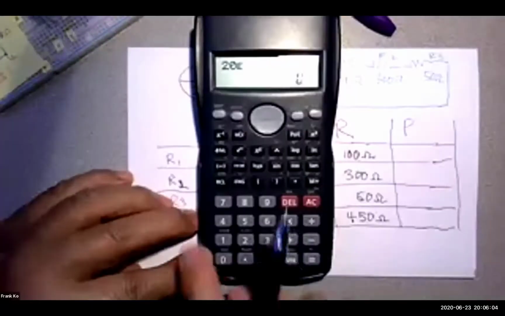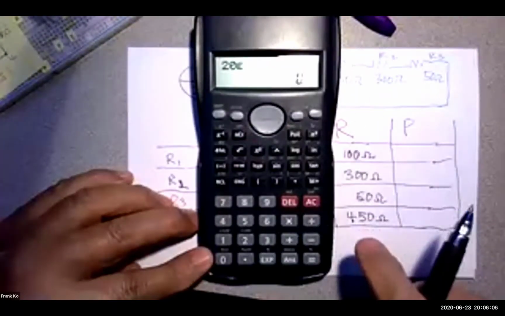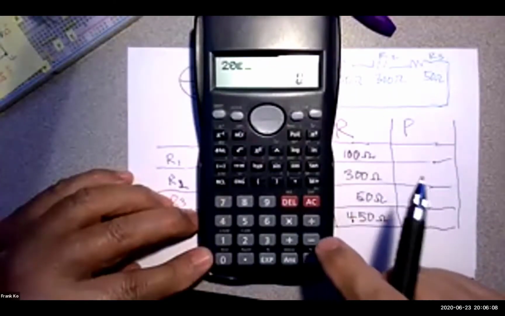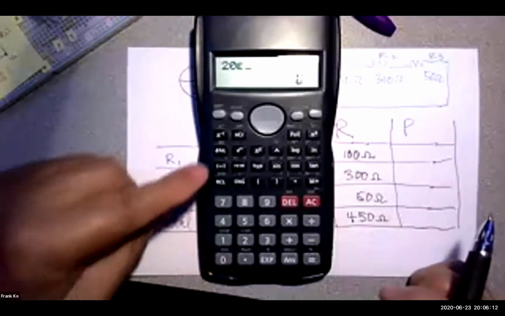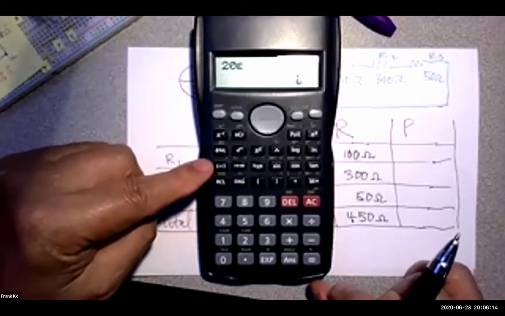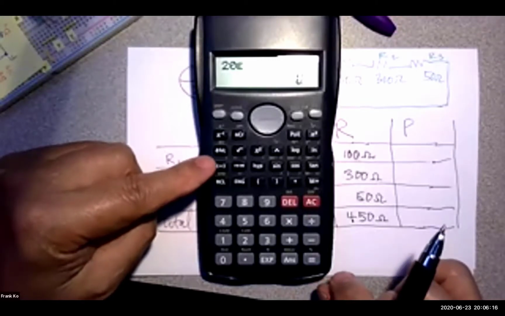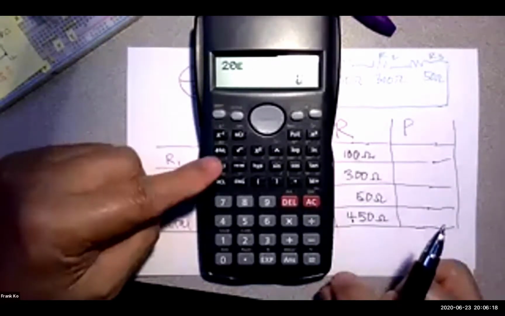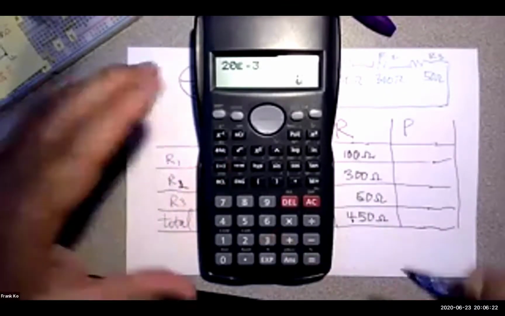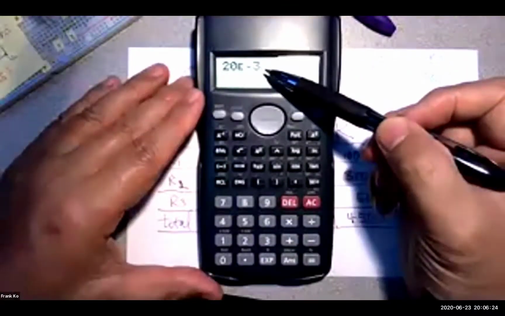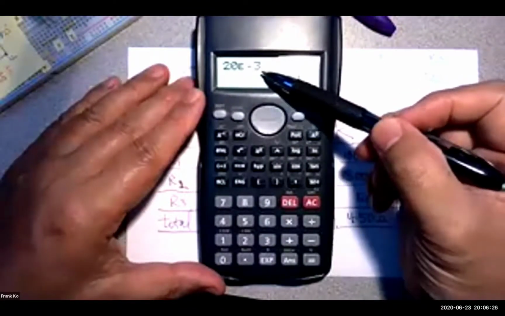Now on your calculator, how do you key in milli? For the negative, you don't use the subtract key. Right over here, you see this negative in parentheses? You find this key, -3. Now what I've keyed into the display of the calculator is 20 milli.